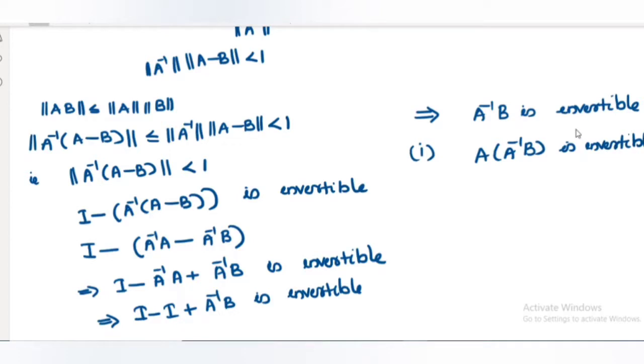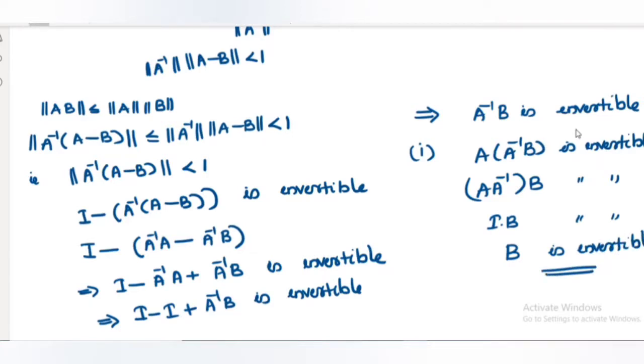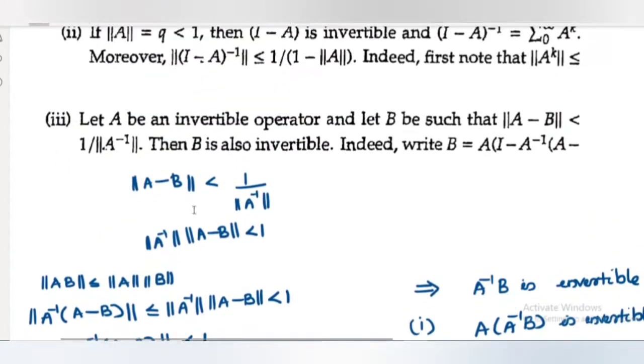If you apply the associative property, A into A inverse B is invertible, that is I into B is invertible, that is B is invertible. Actually, this is what we have to prove: B is also invertible.